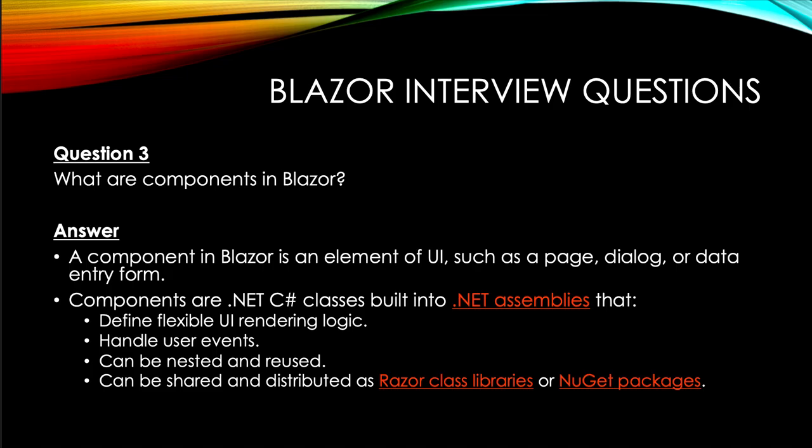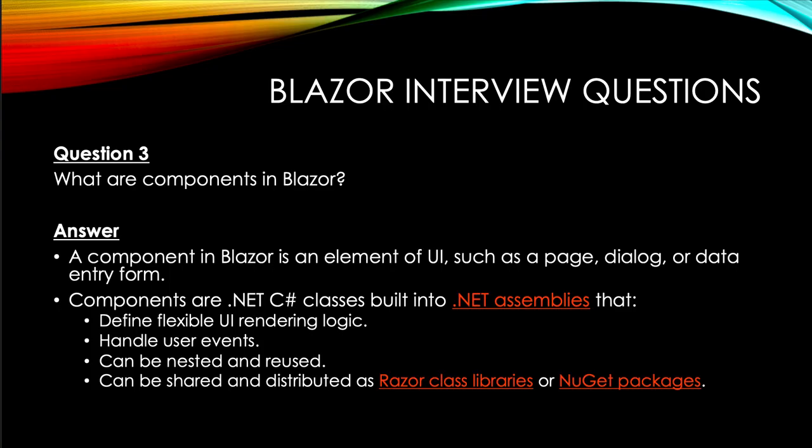Moving on to question number 3, what are the components in Blazor? Basically a component is a class, usually written in the form of a Blazor markup page with a .razor extension. Components in Blazor are formally referred to as Razor components.